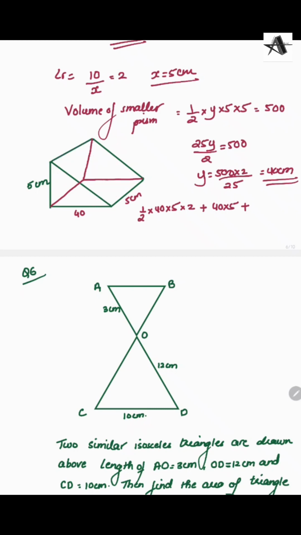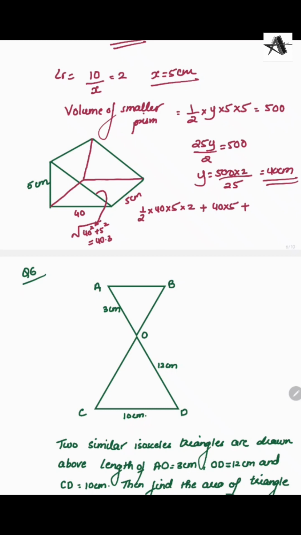This is the hypotenuse of this triangle. So let me say the hypotenuse of this triangle is root of 40 squared plus 5 squared. On solving, we'll get it as 40.3, which is very close to 40.